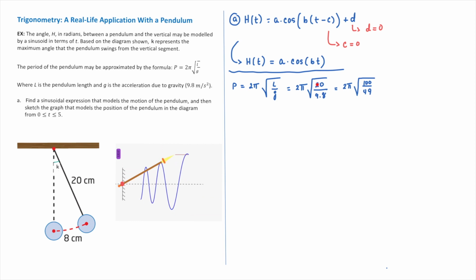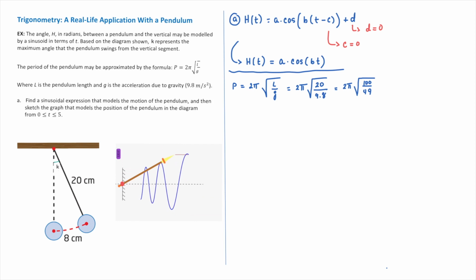If you want to leave this number in the radical as a decimal, you can. But in case you have to give fractions, I want to show you how to do that. 100 divided by 49 is the same number as 20 divided by 9.8. And you can quickly check with your calculator to convince yourself that this is correct.